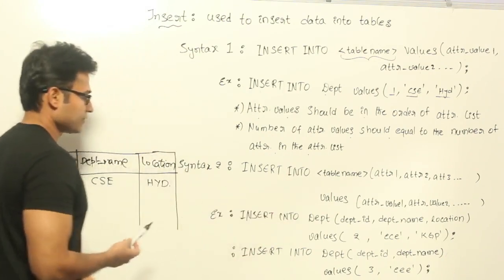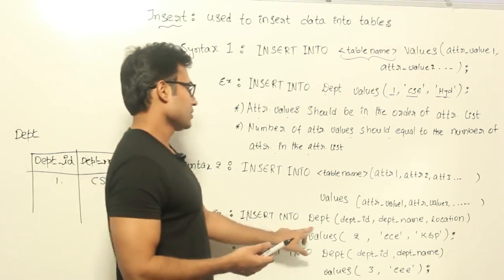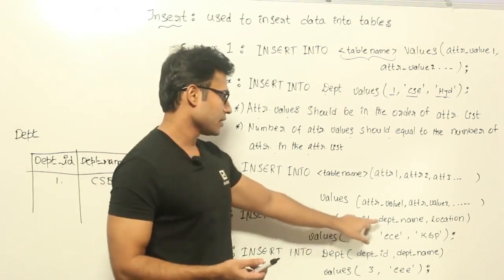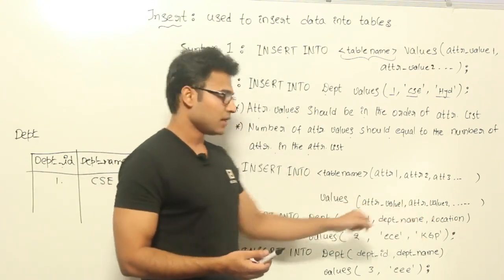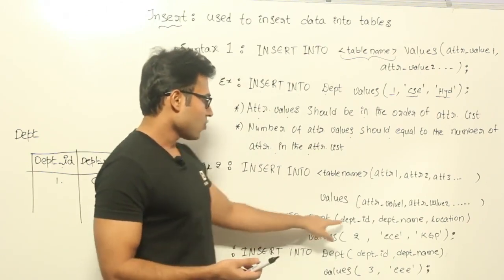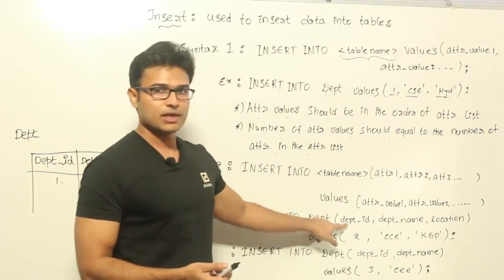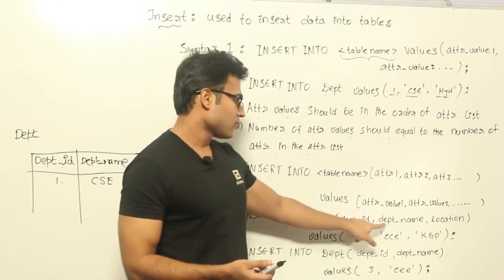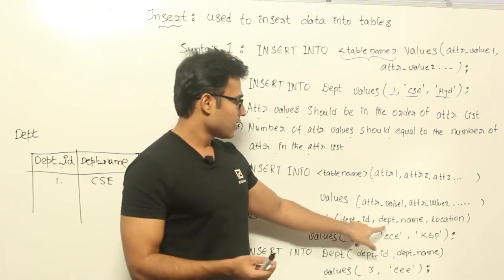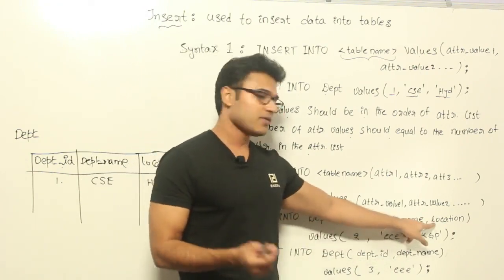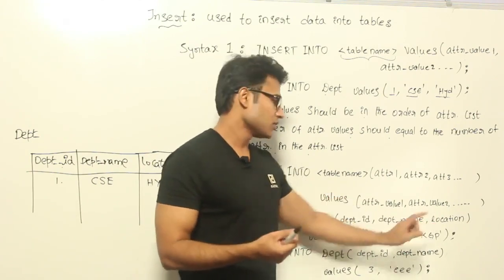For example, see this: insert into department, with department ID, department name, location. Here you are clearly specifying that the first value you enter corresponds to the department ID, the second value corresponds to the department name, and the last value corresponds to the location.